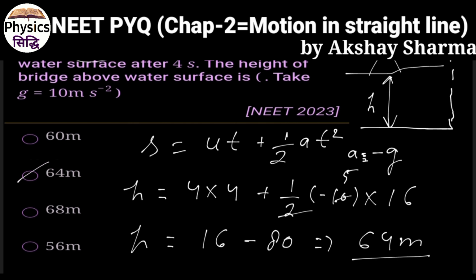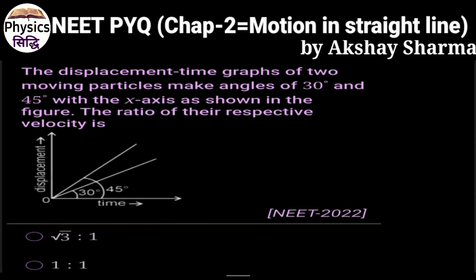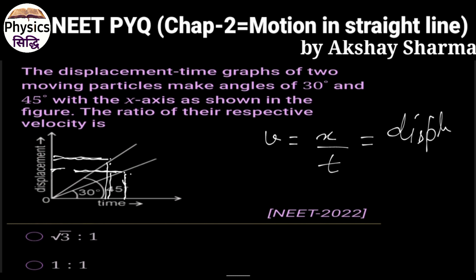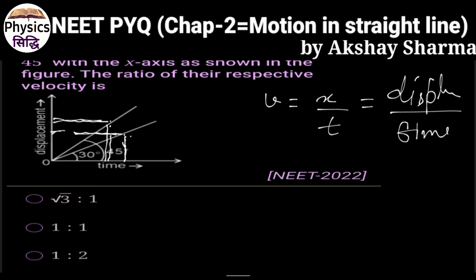Okay, let's see the next question. The displacement time graphs of two moving particles make angles of 30 degree and 45 degree with the x-axis as shown in the figure. The ratio of their respective velocities. So let's see, this is displacement and this is time. This is for 30 and this is for 45. We know that v equals x upon t, meaning displacement upon time. But no value is given here, only the angle is given.